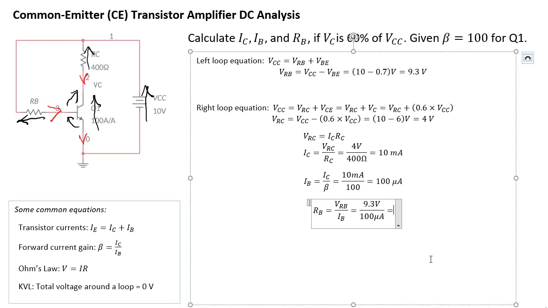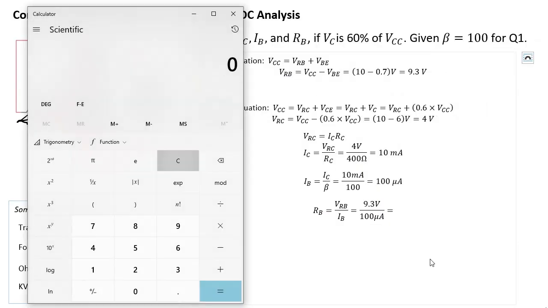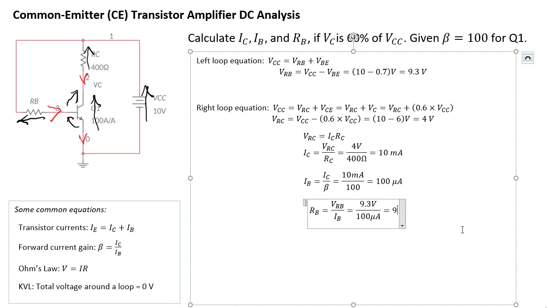So you'll get an answer of 9.3 divided by 100 E minus 6, which equals 93 kilo ohm.